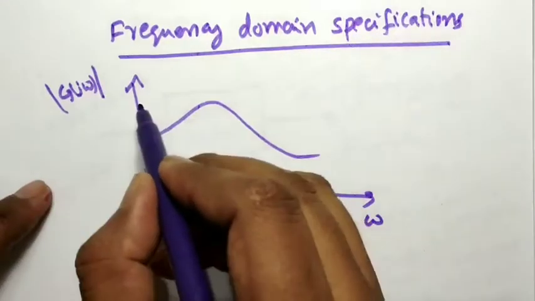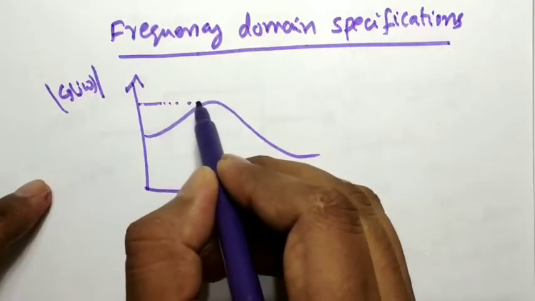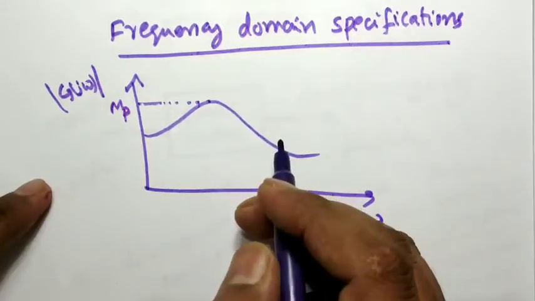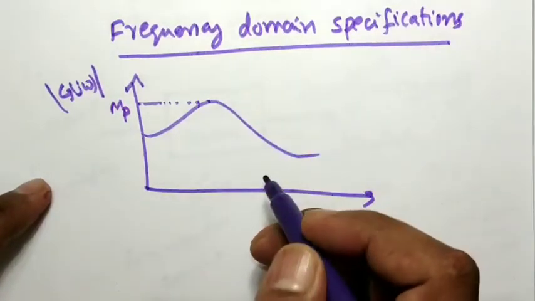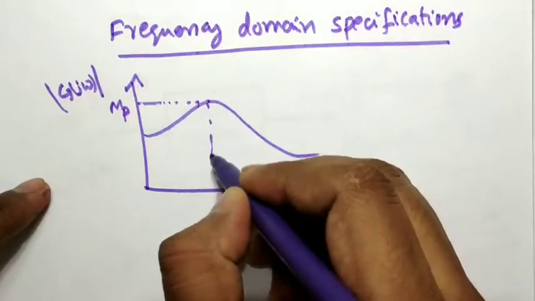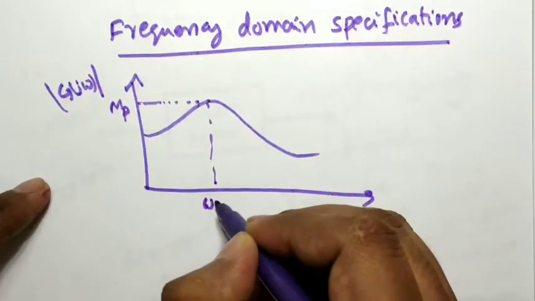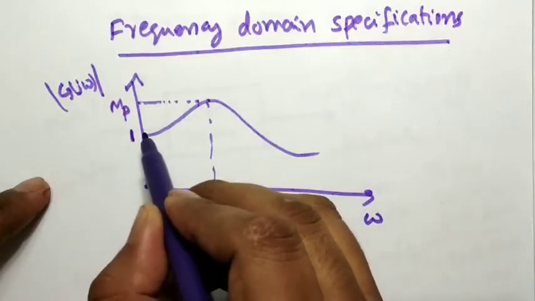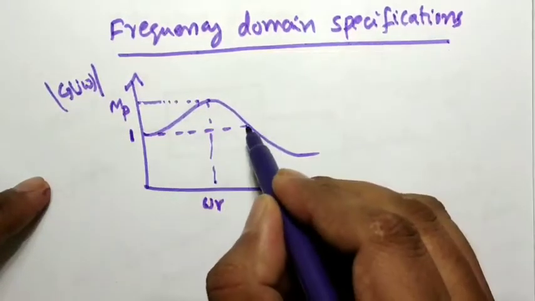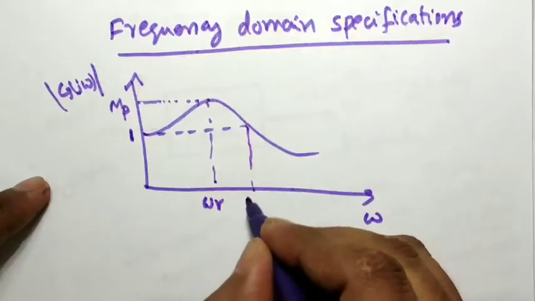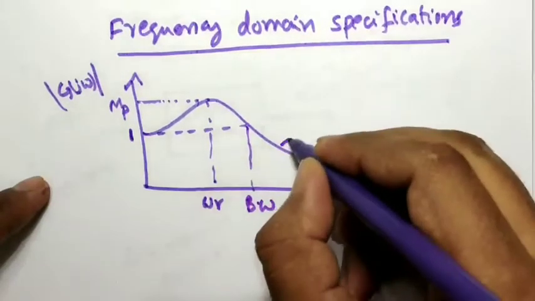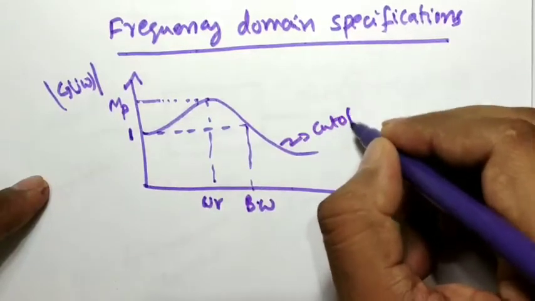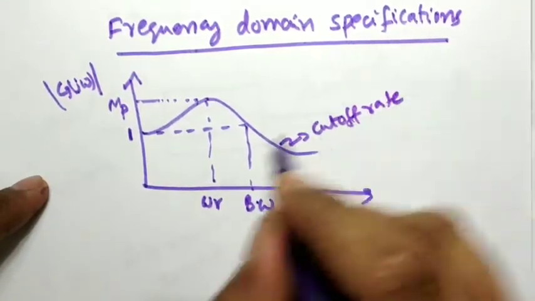Here is the M_p, the maximum peak, sorry, the resonant peak, and this is omega r. From this I am going to draw the bandwidth, and this is the cutoff rate.